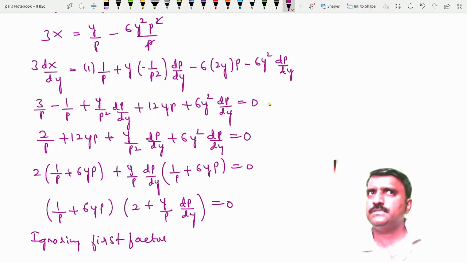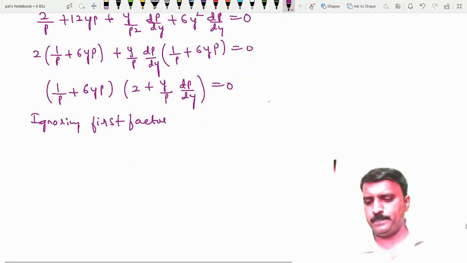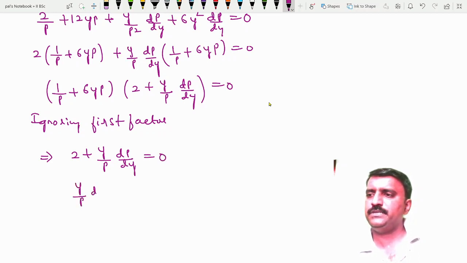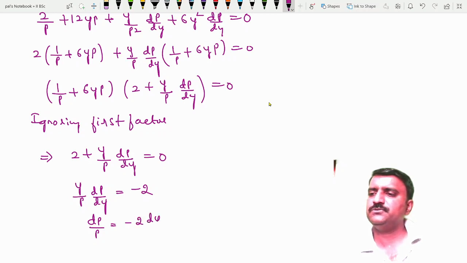which implies that 2 plus y by p into dp by dy is equal to 0, or y by p into dp by dy is equal to -2, or you write this as dp by p is equal to -2 into dy by y.